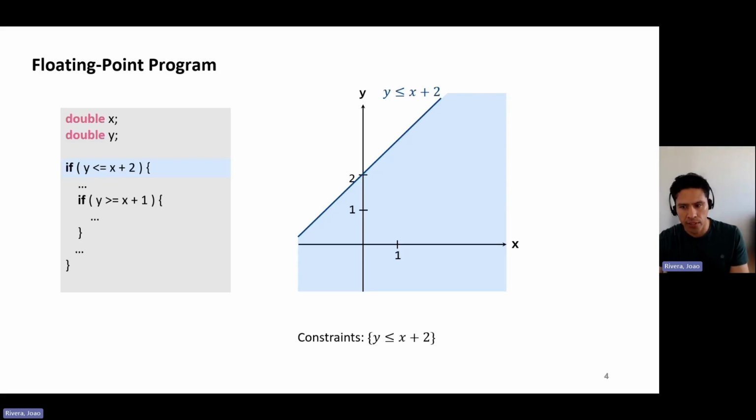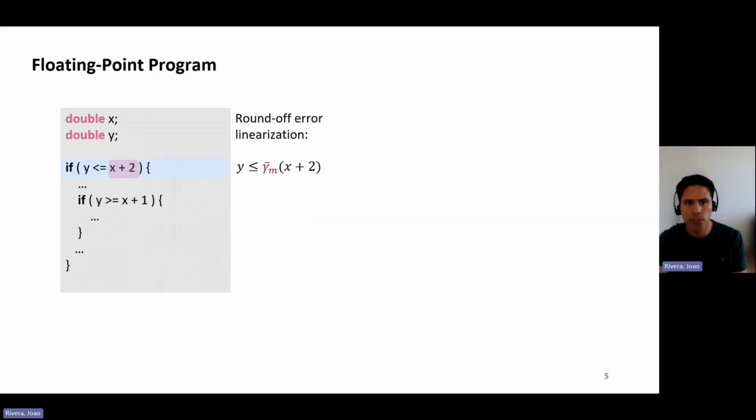However, this is not sound for floating point programs. And the reason is that you have round-off error. This x plus 2 is not just x plus 2, it's x plus 2 plus some rounding function that you can have afterwards, because floating point has a limited precision. And this is usually solved using round-off error linearization.